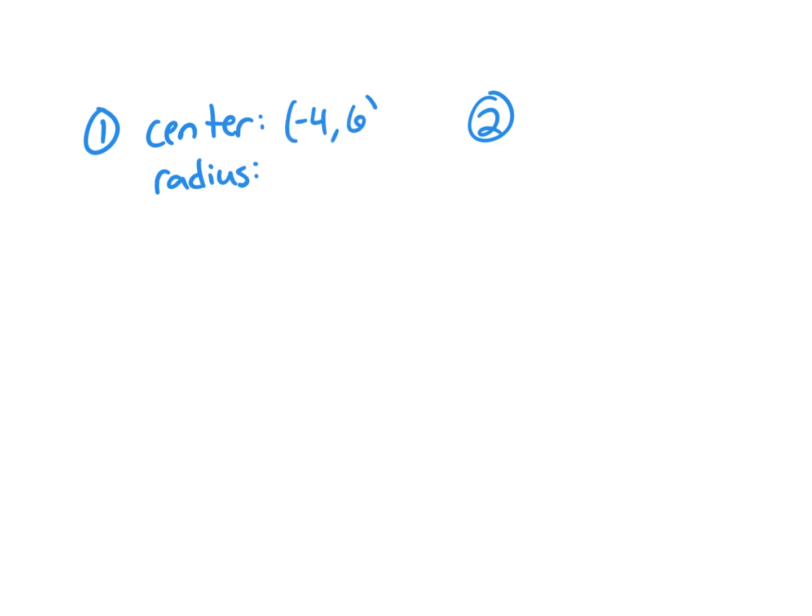So on these 2 examples I'm going to make up, I'm going to give you the center and I'm going to give you the radius. I want you to write the equation of the circle. Okay, so if I give you center -4, 6, and the radius of 5, and then on this one, I'm going to give you center 0, 0, and radius square root of 13.